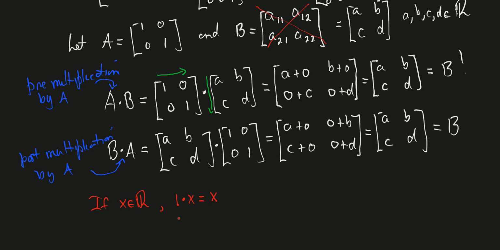And similarly, if I take x times 1, I'm going to get back x. So it seems like this kind of multiplicative property that the number 1 has, the analogy for matrices is where this special diagonal matrix, it has the exact same property, but for matrices, right?